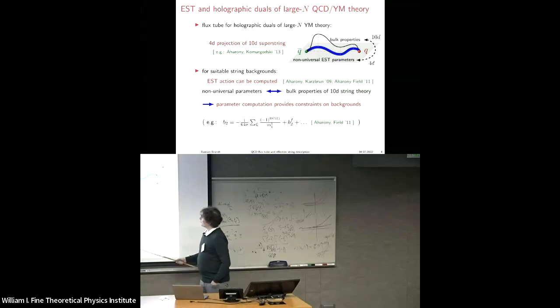So if we have suitable string backgrounds, and I'm absolutely not an expert for this, then one can compute the effective string theory action. And this has, for instance, been shown in these papers here. And then one sees that the non-universal parameters of the effective string theory are related to the bulk properties of the associated 10D string theory. So that means if we can compute these parameters, for instance, from the lattice, then this can provide constraints on possible holographic backgrounds for this duality. And I thought that would be a good way of making contact here.